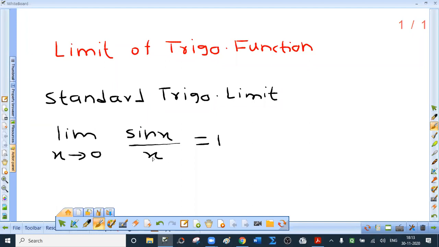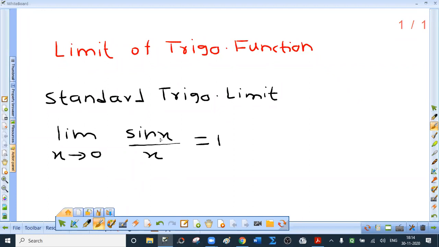So in physics, you must have considered that for very small angle, of course in radian, sin x can approximately be taken as x. Sin x upon x is approximately 1. So sin x is approximately equal to x, right?